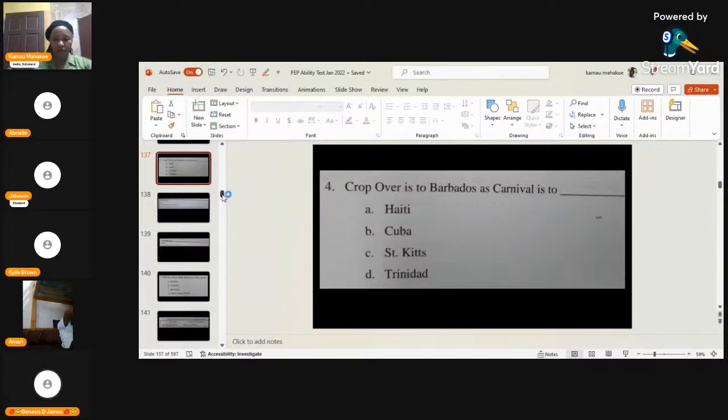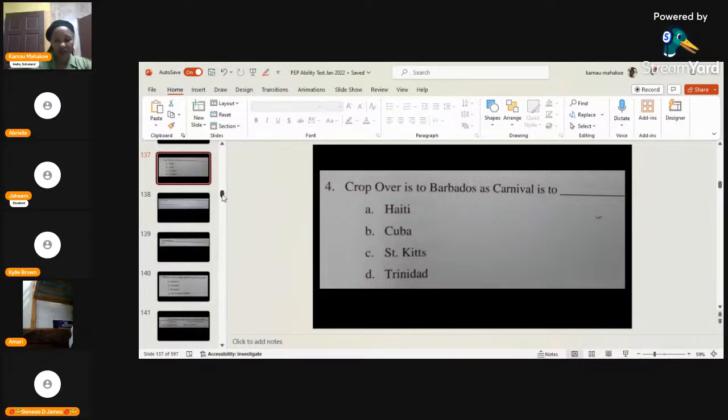What's the relationship between Crop Over and Barbados?